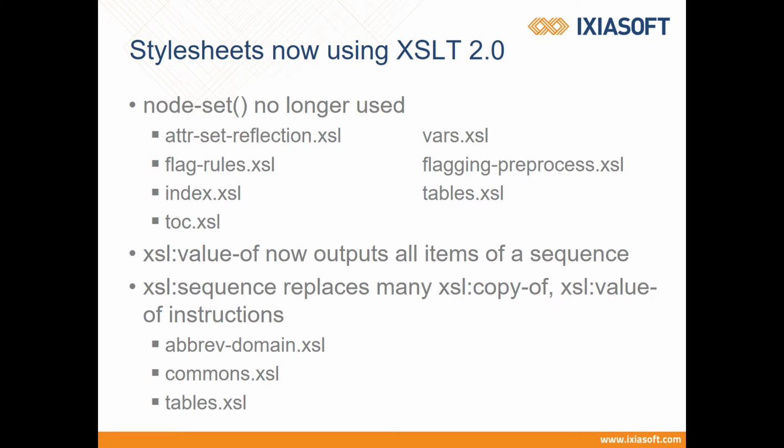And just to be aware of, if you were using XSL value of before, as is, it's going to output all the items of a sequence. So you may need to fine-tune some of those with an operator that specifies select just the first one, if in fact you only want the first one.